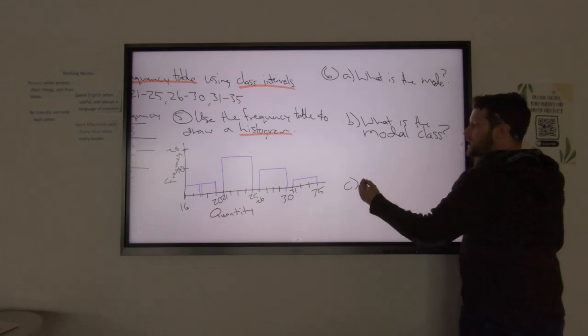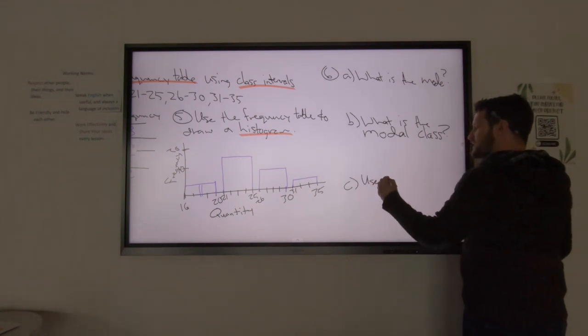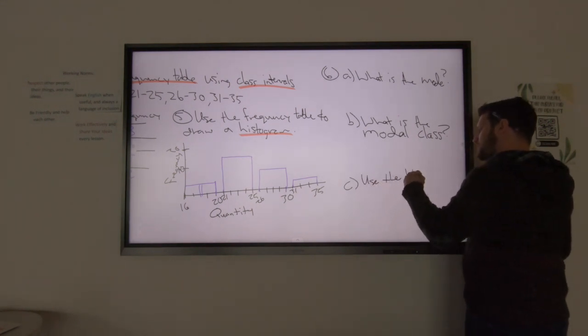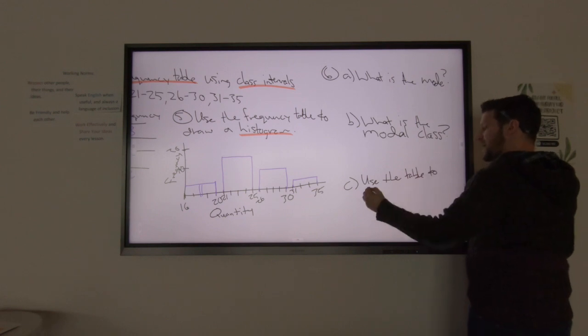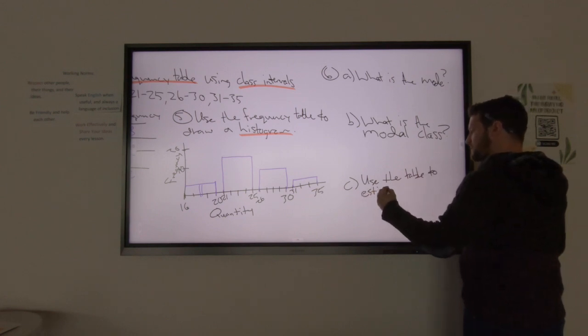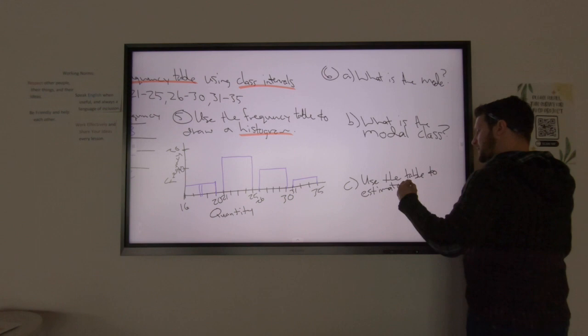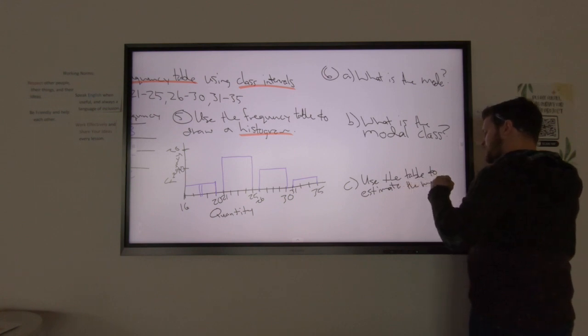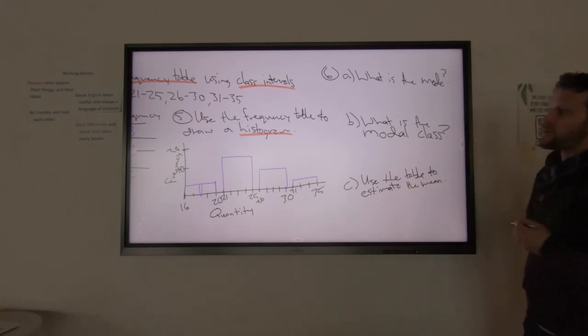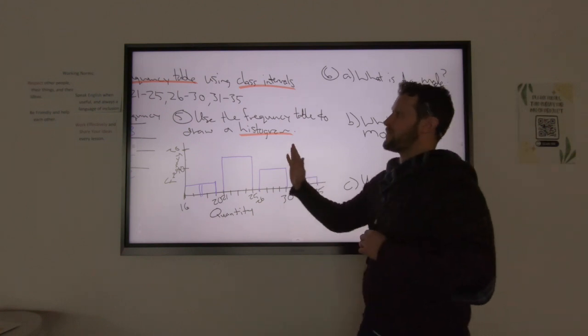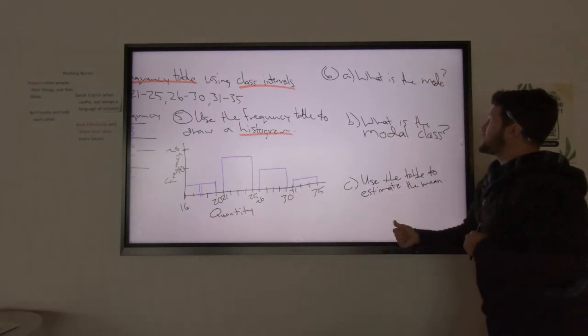And C, use the table to estimate the mean. These are the common questions that follow a frequency table on the IGCSE.